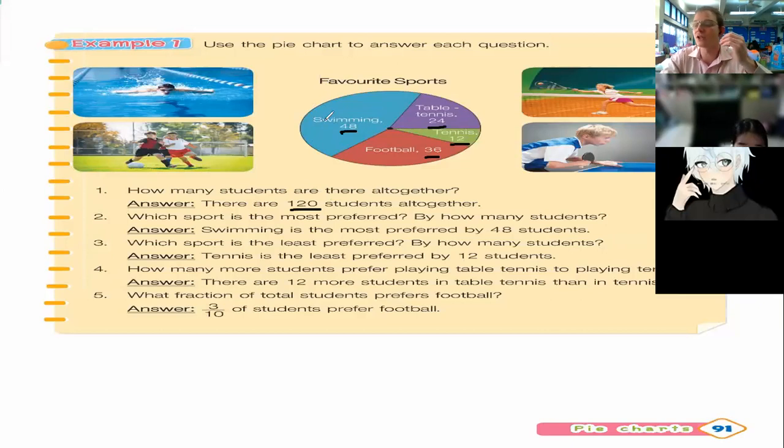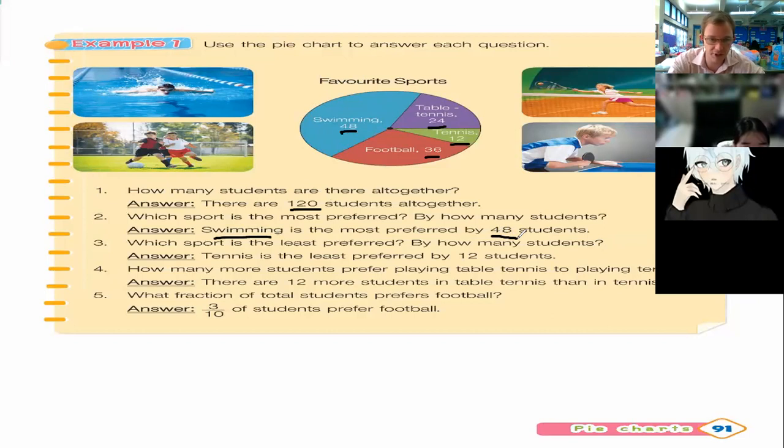So if someone asks you most preferred, it means the most out of all of them. Sometimes we have to be careful about reading the information and make sure we read carefully so that we understand clearly what they are asking from us. So the answer is swimming is the most preferred and by 48 students.